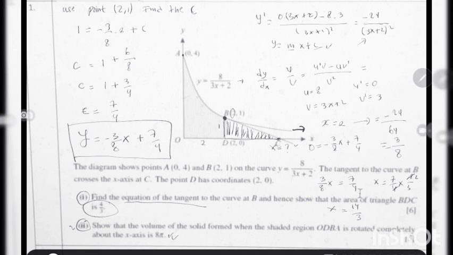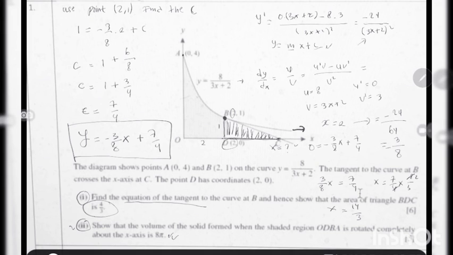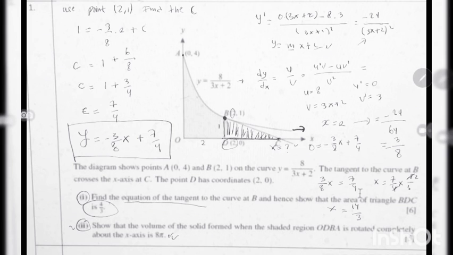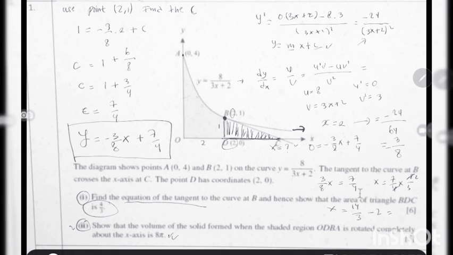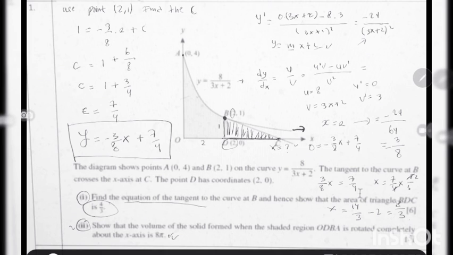But if you want to find this line, you subtract 2. So to find this line, 14 over 3, you subtract 2. To subtract that, you have 8 over 3, because 3 times 2 is 6, and 14 minus 6 is 8. So 8 over 3 for this line.